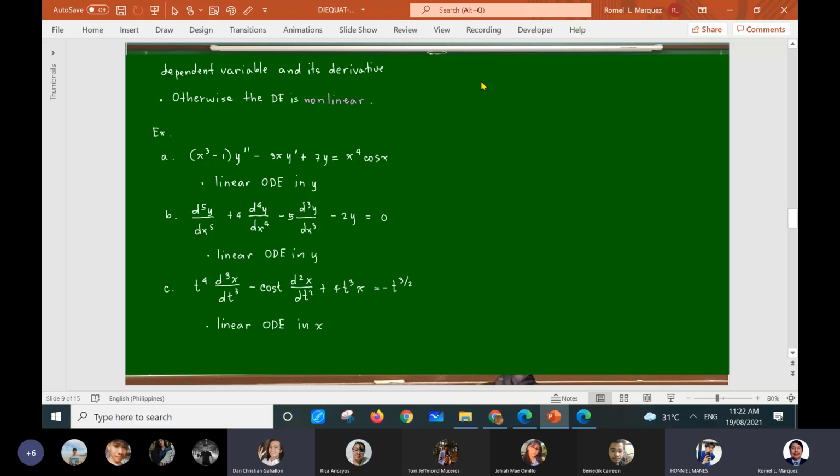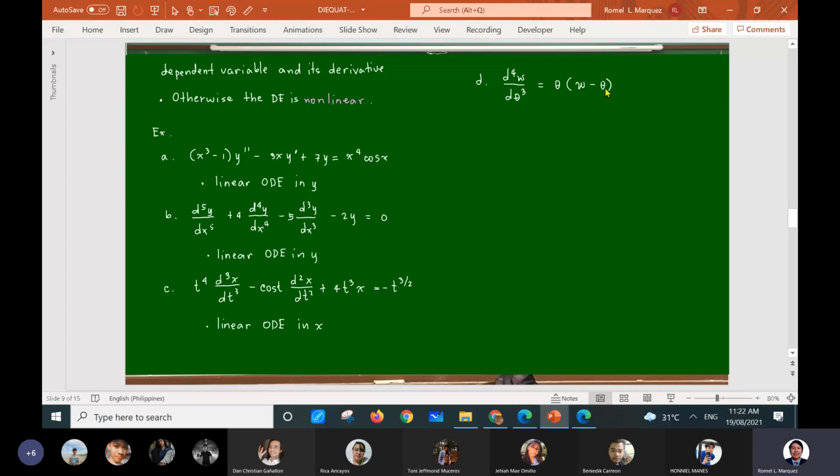Okay, letter D. If I have the fourth derivative of w with respect to, let's say, theta, and this is equal to theta multiplied by w minus theta.